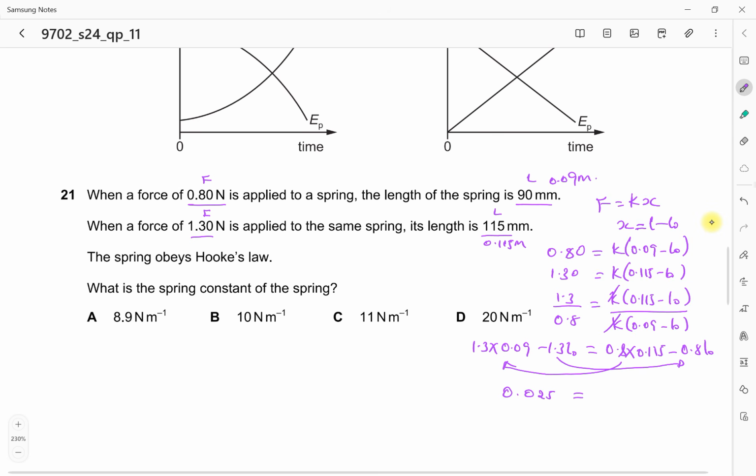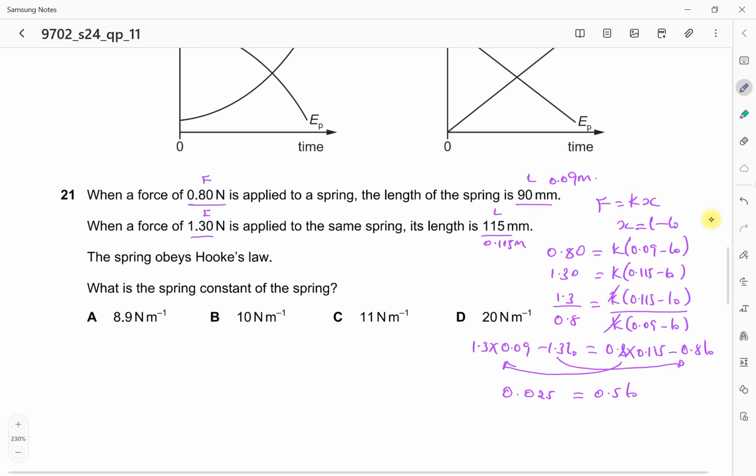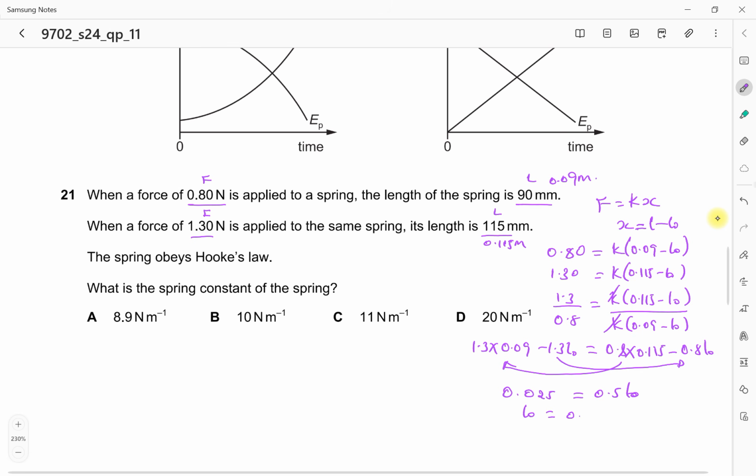On the other side, I have negative 0.8 plus 1.3, so 0.5 L naught. I divide both sides: 0.025 divided by 0.5 is 0.05. So the original length L naught is 0.05 meters.